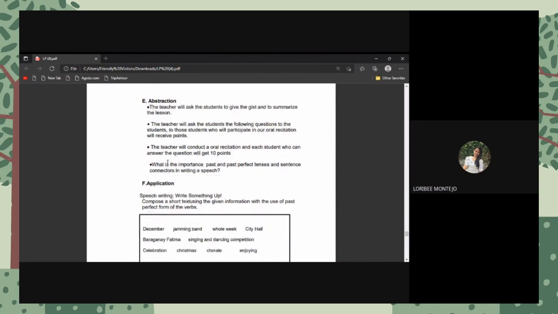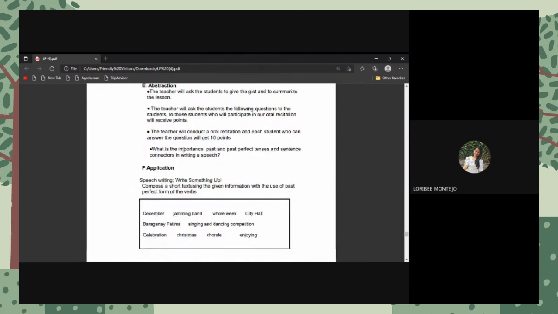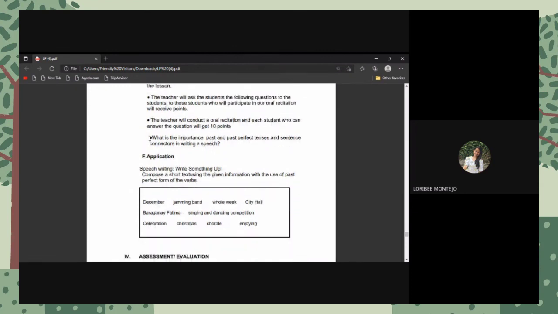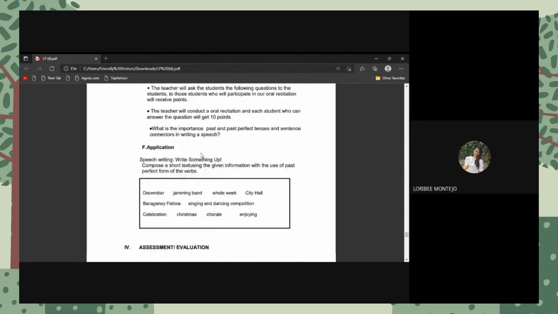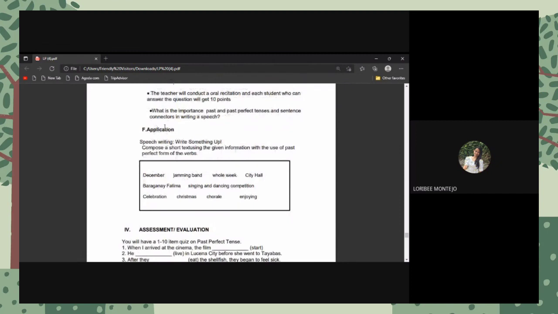The teacher also conducts an oral recitation in which students who can answer the question will get 10 points. Here is the question: what is the importance of past perfect tense and sentence connectors in writing an informative speech? So we will go down to the application to test the understanding and knowledge of our students.